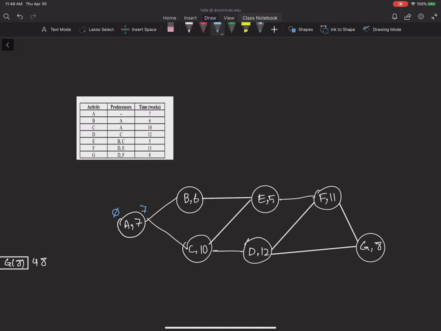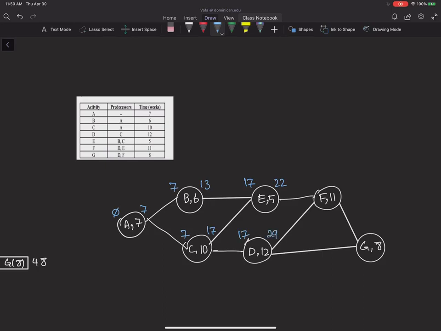A. Since the early finish of activity A is 7, earliest start for B and C would be 7. 7 plus 6 will give me 13 as the early finish for activity B, and 7 plus 10 will give me 17 as the early finish for activity C. Between 13 and 17, I take the maximum as the earliest start of activity E, and 17 plus 5 gives me 22 for early finish of activity E. Early start of activity D would be 17, and 17 plus 12 will give me 29 here.